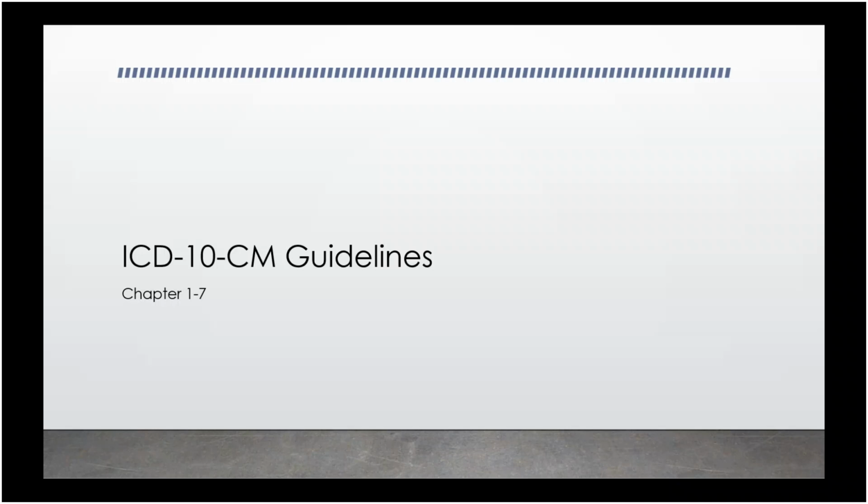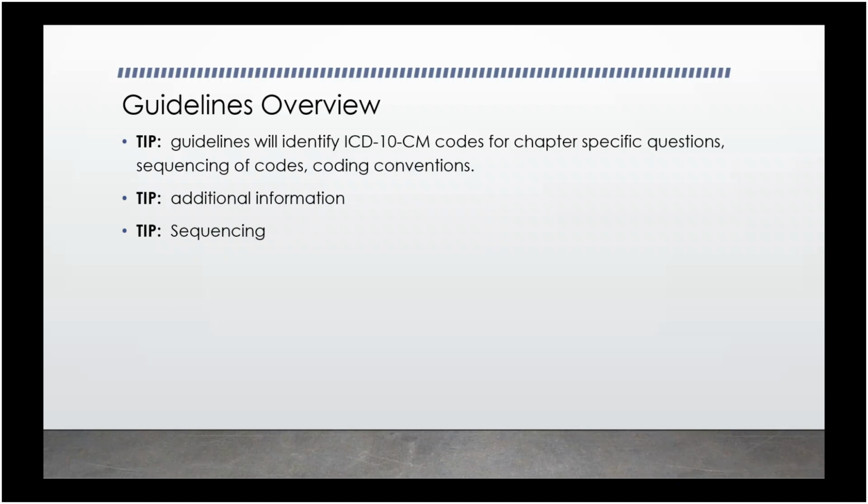All right, so now we're going to get into the specifics for each chapter and what this coding certification is looking at. It's not going over everything because, again, they focus mainly on CPT. So the ones that they really point out, those are the ones you need to pay attention to. Tips here.